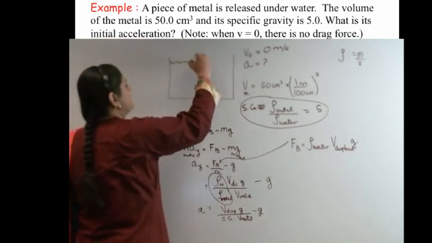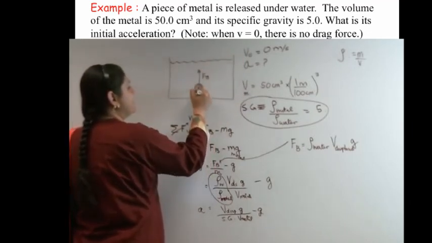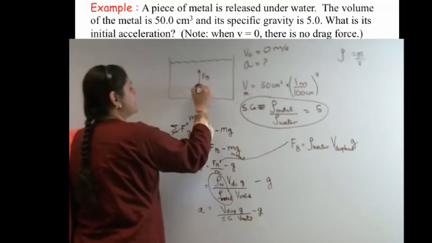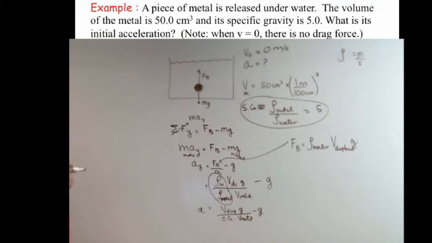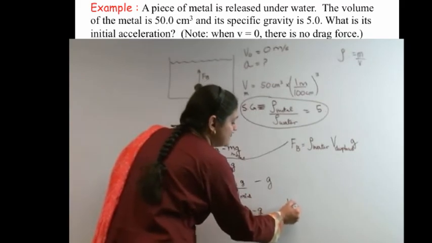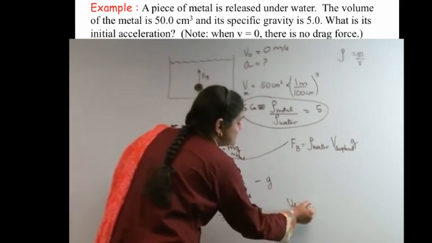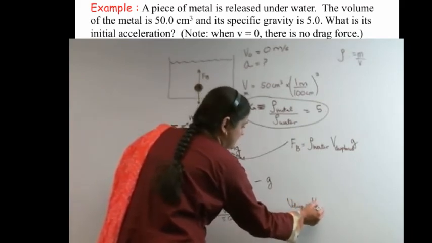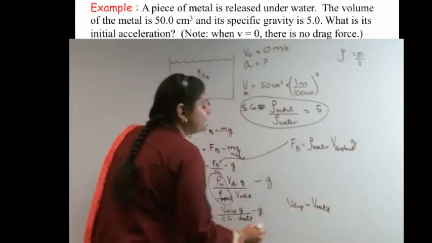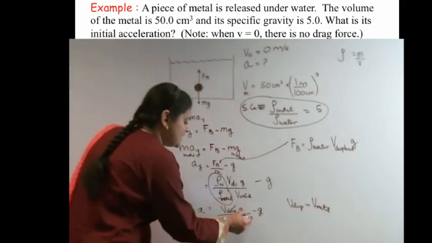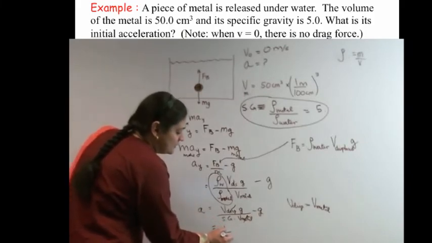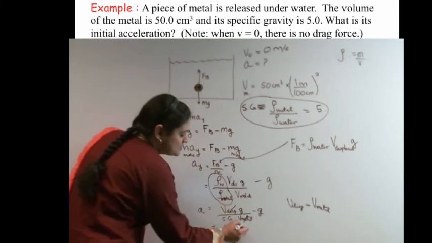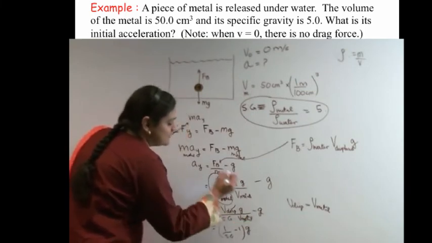Is the volume that this whole thing displaces the same as this volume that moves up? And the answer is yes. For submerged objects, once they are submerged, V displaced is the same as V of the entire metal. In that case, these go away, and we are left with 1 over specific gravity minus 1, times the acceleration due to gravity.